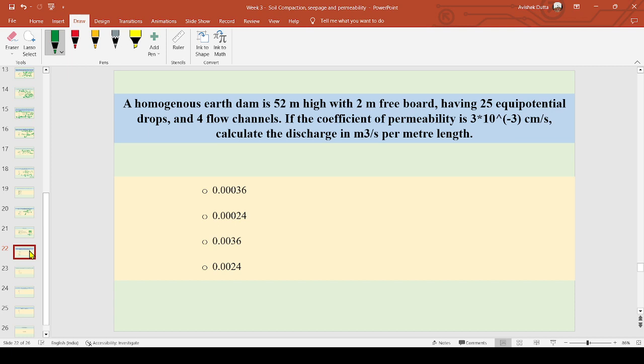Homogeneous earth dam 52 meter high with 2 meter freeboard having 25 equipotential drops, 4 flow channels. Again the same question, but here the head is different. Head is equal to 52 minus 2. Why? Because this is an earthen dam.